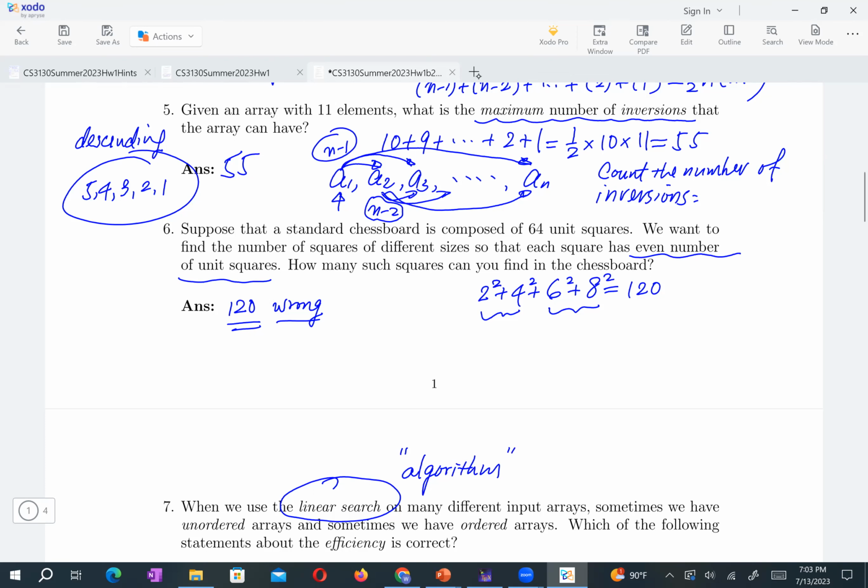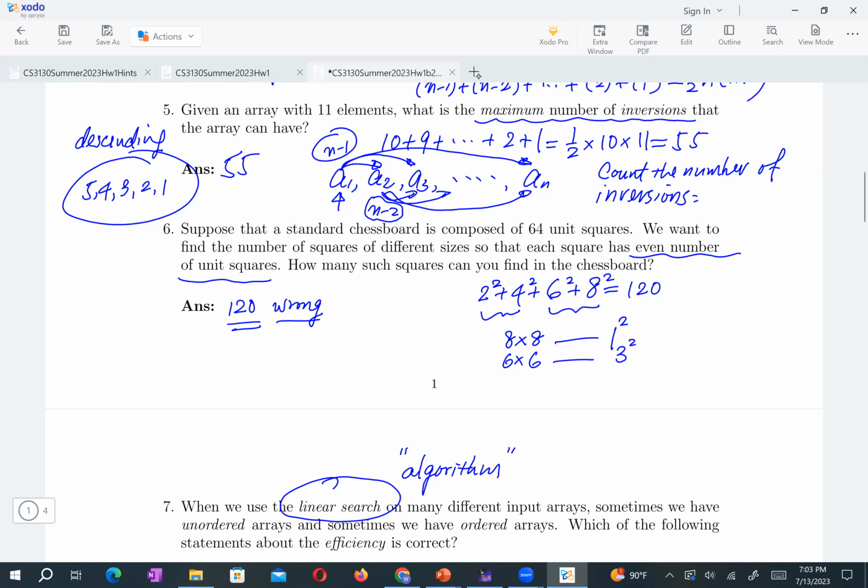The first such square with an even number of unit squares, only one, or 1 square. Then the second size, 6 by 6, 3 square.